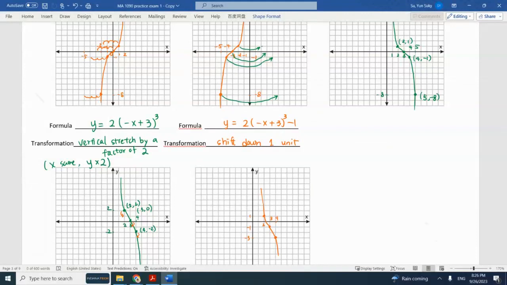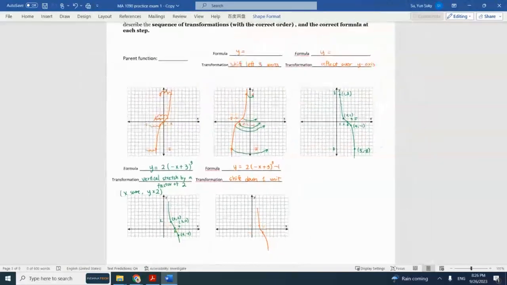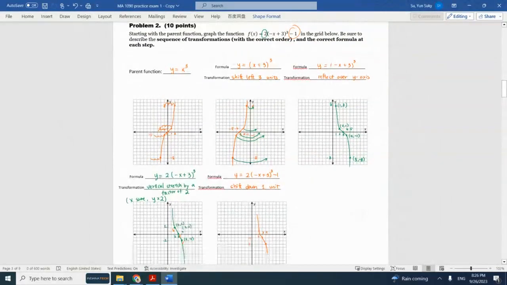If you can understand this example, could you type 2 in the chat? Good. So you can make up some problem to practice. Like for example, how about you can try y equals minus 4 and then square root of minus 2x plus 1 plus 5, something like this.